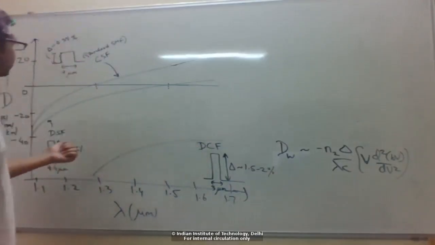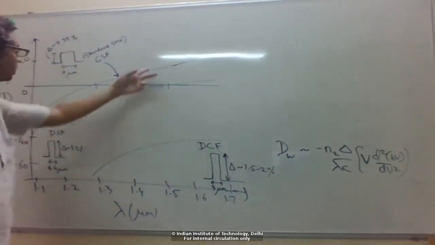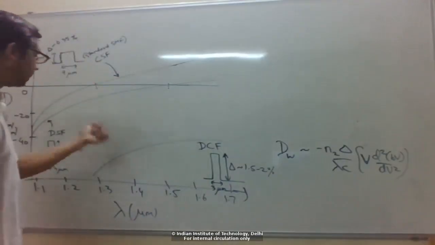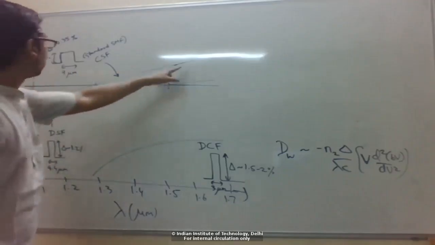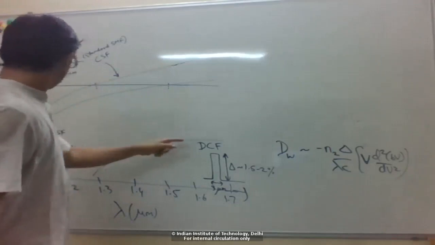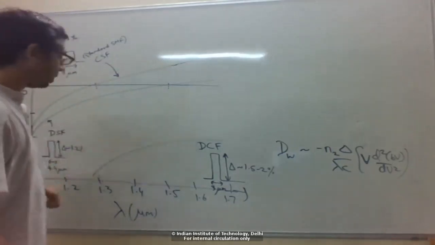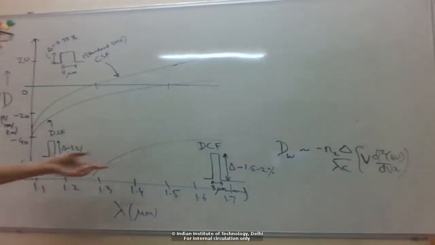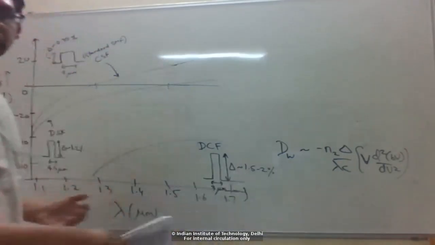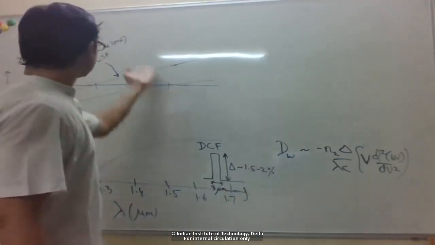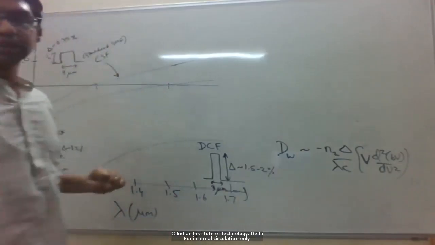But the nice thing is that you can see the magnitude. So first of all, it's negative of the conventional, but also the magnitude is much larger, right? So here, let's say you have about 15 at 1.55. Here it's like minus 40 or something, right? So it's like 4 times larger in magnitude, which means if you want to compensate for the broadening, you only need 1/3 or 1/4 of the length of the conventional fiber, right?